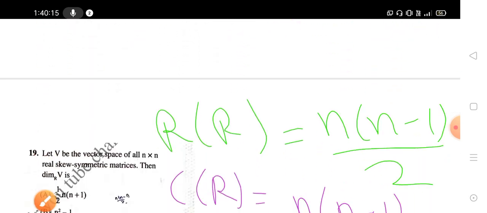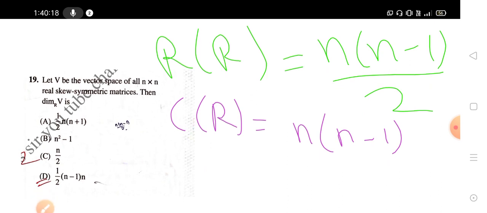Next question. Let V be the vector space of all n cross n real skew symmetric matrices.